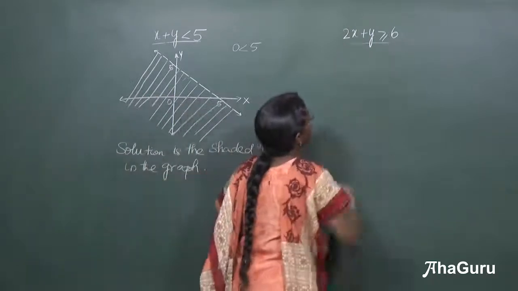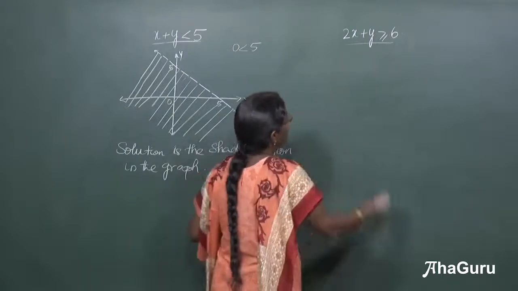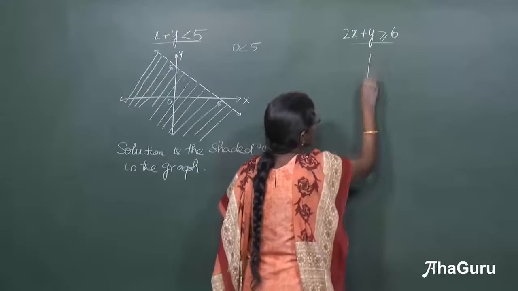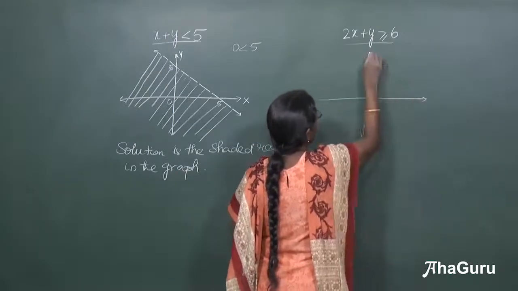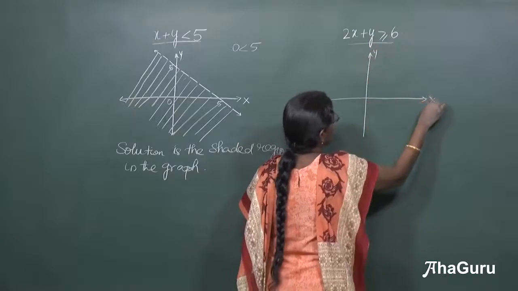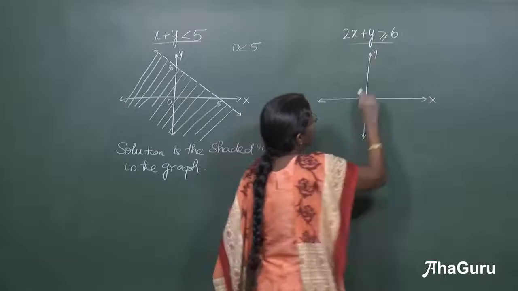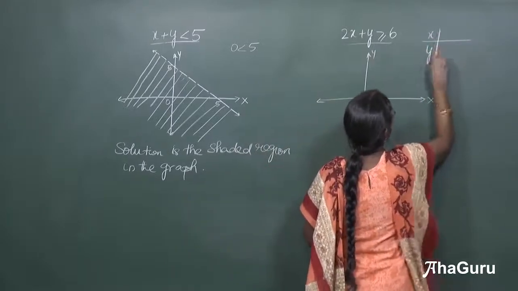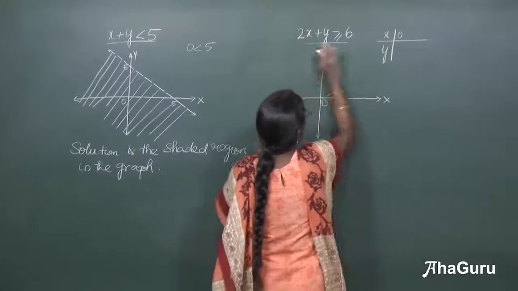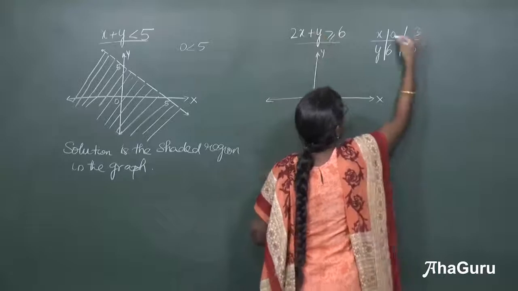We will now see how to solve this inequality, find out what is the graphical solution for this inequality. If you just find out the points where it cuts the x axis and y axis, when x is 0, y is 6, and when y is 0, x is equal to 3.